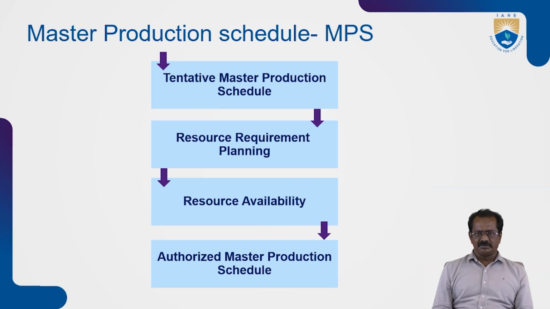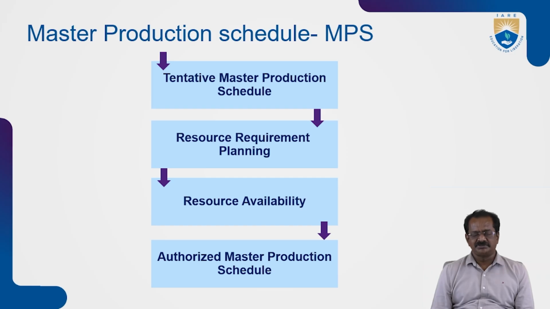the goods to be produced are decided, and the quantity and quality are decided, then the resource requirement is planned. For example, the plant capacity is 1 lakh per year, but we need 1,50,000 units by the end of the year.